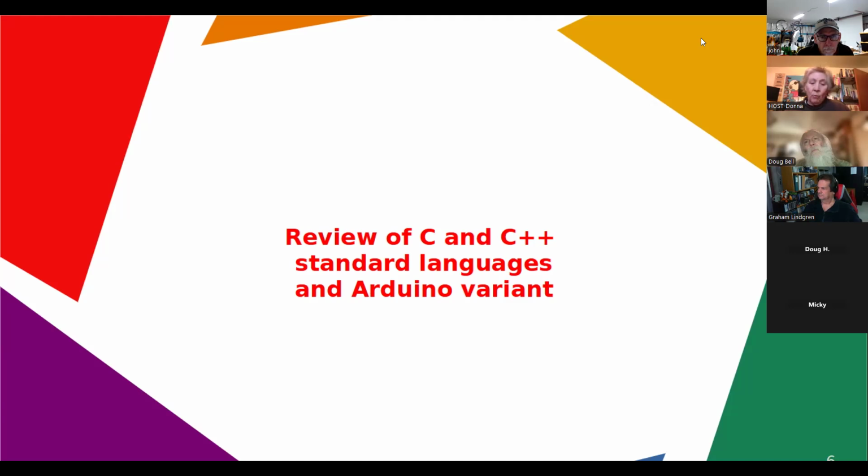But what I'm getting at is that with Arduino, there are two ways of utilizing strings. Okay. There's also in C and C++ structures and unions.